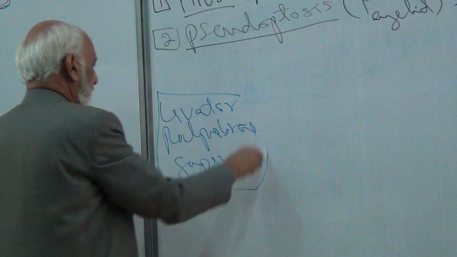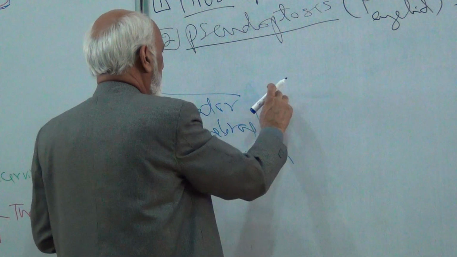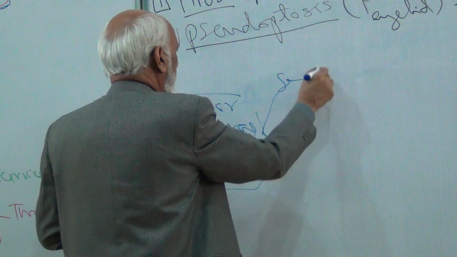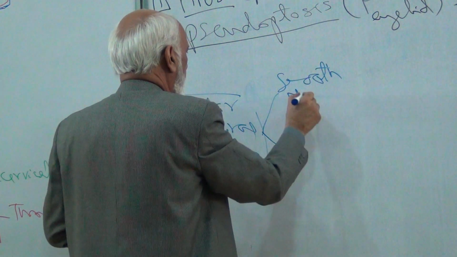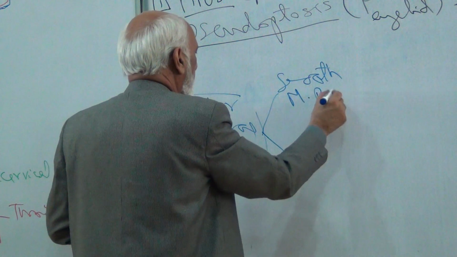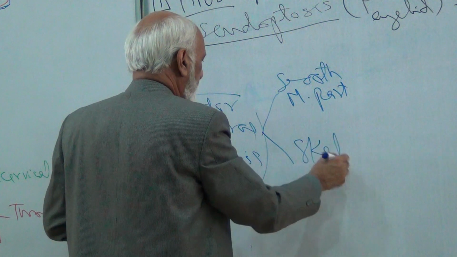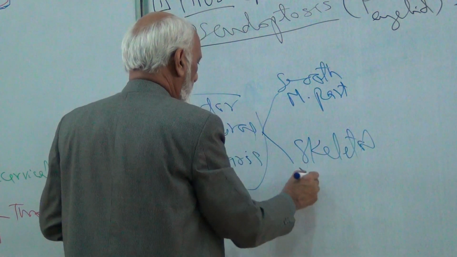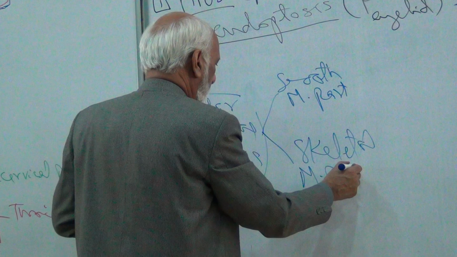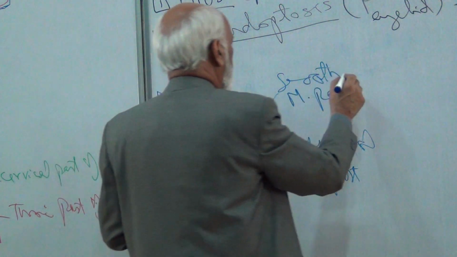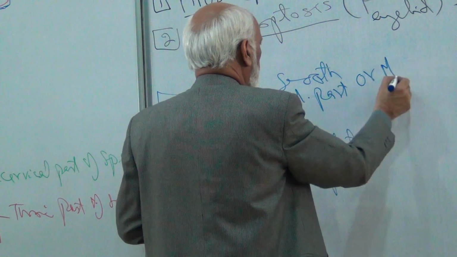And I told you this levator palpebrae superioris muscle is comprised of a smooth muscle part and a skeletal muscle part. The smooth muscle part is also known as Muller's muscle.